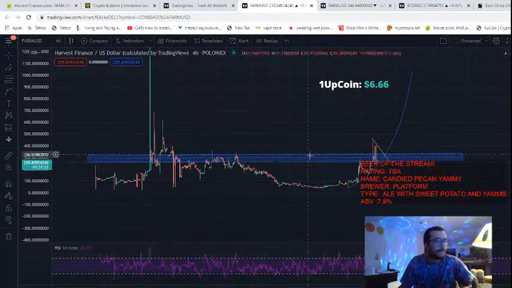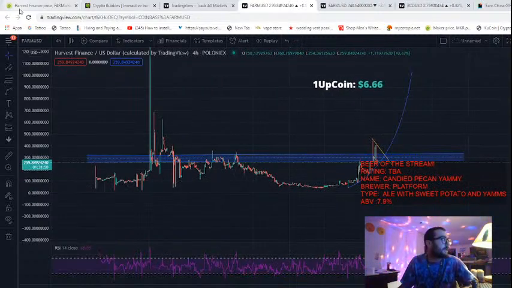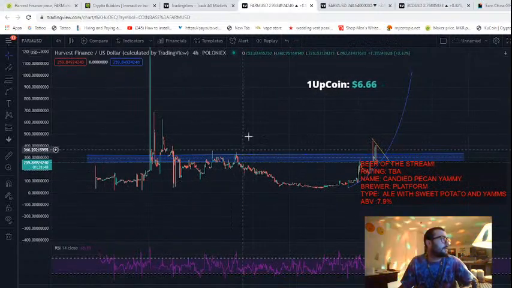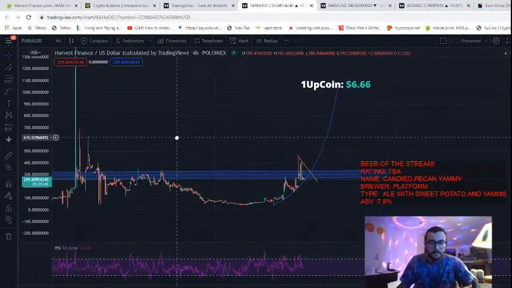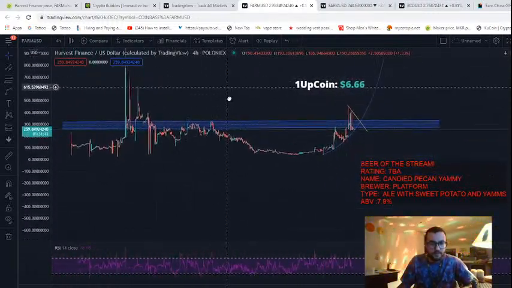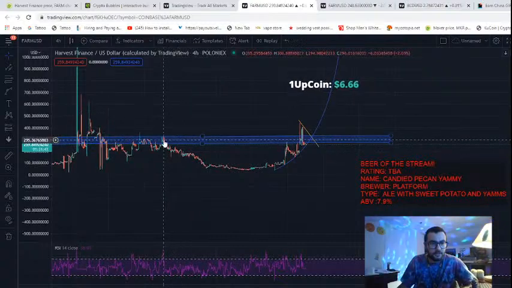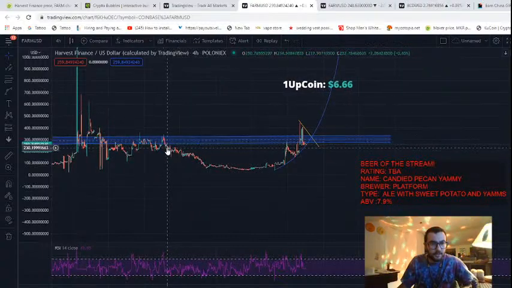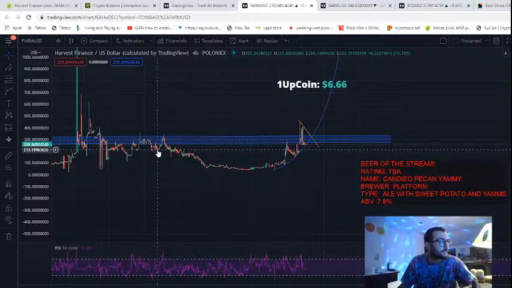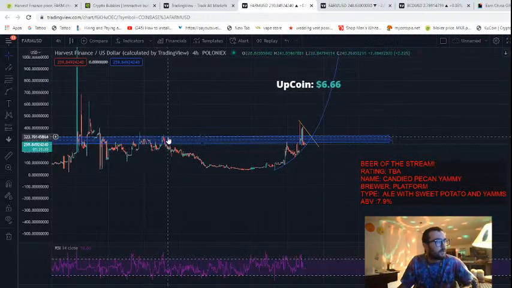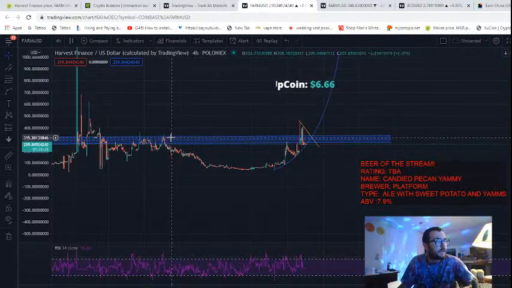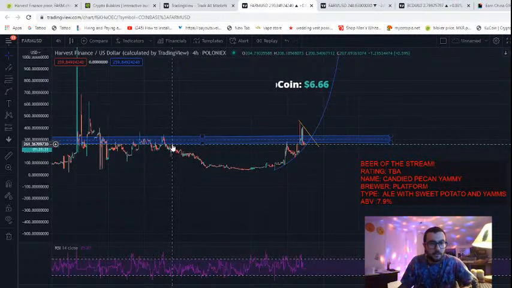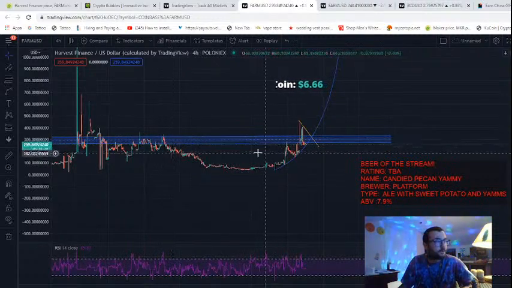Something like that is what we're looking at on Poloniex. I don't even have it on Poloniex, but for the sake of education, if we're just looking at the chart, you see this range here from this low to this high. We're looking at the high and then a little lower high, and that forms a range.